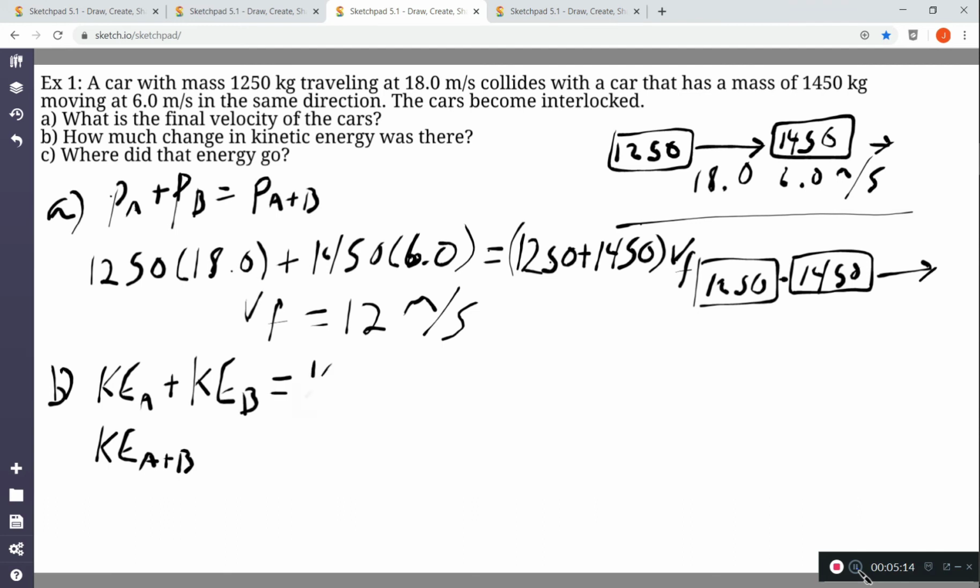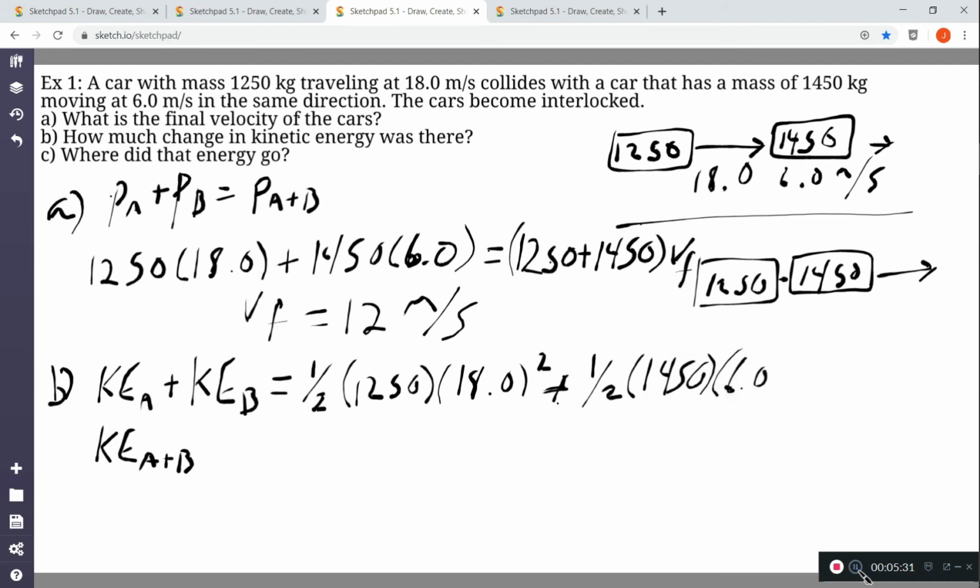So we get 1/2 times 1250 times the velocity squared, 18.0 squared, plus 1/2, I'm just using the 1/2 mv squared, 1450 times 6.0 squared, and we get 228,600 joules.